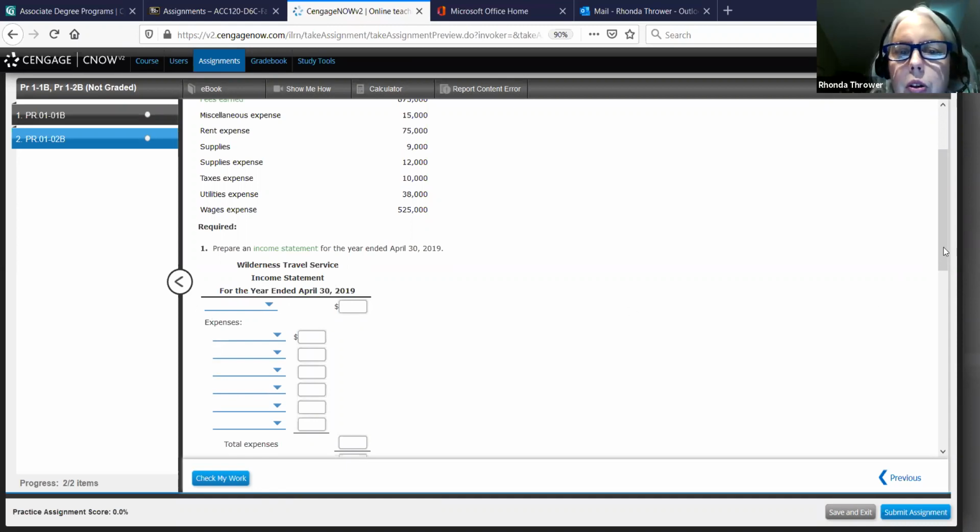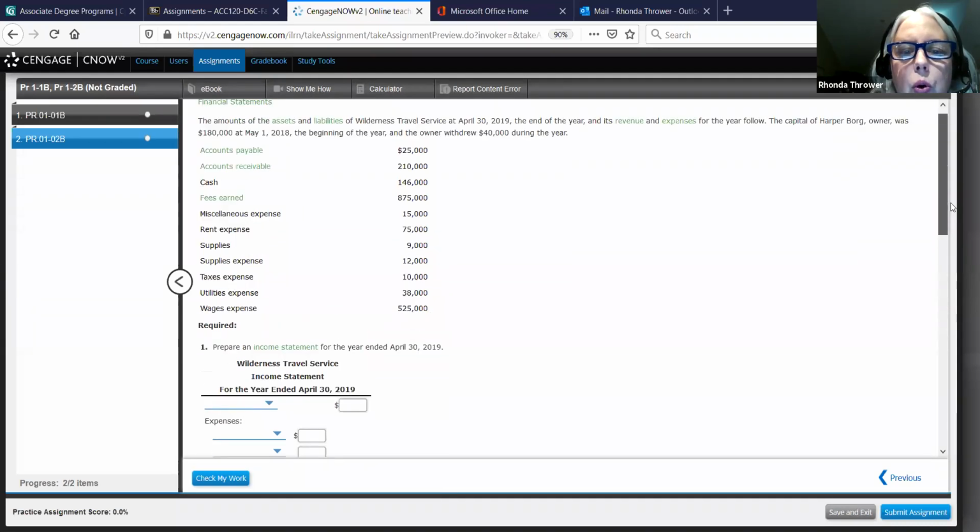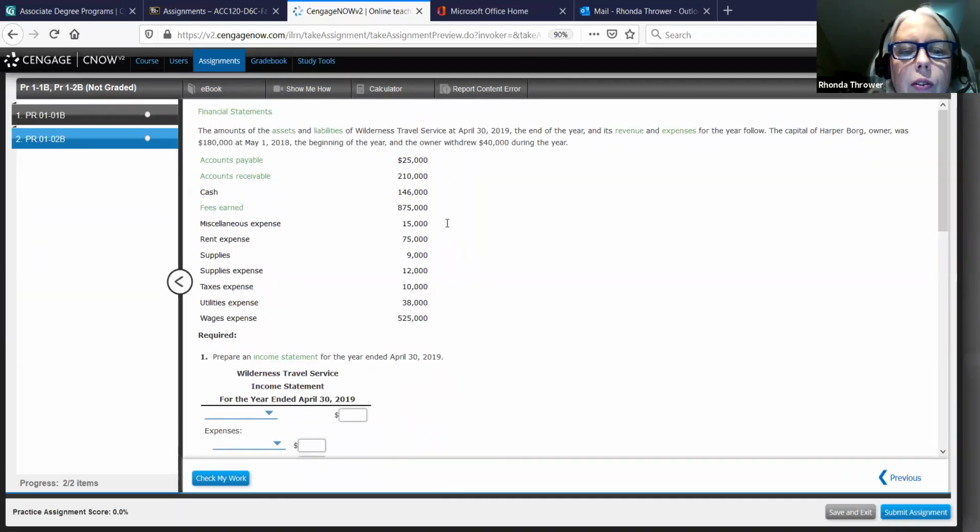So what we're going to do is we're going to look for in this information what our revenue would be. Our revenue is going to be fees earned. If you see something in green and you put your cursor over it, it'll tell you what that means. Our revenue is fees earned, it's revenue that we're getting from providing services.